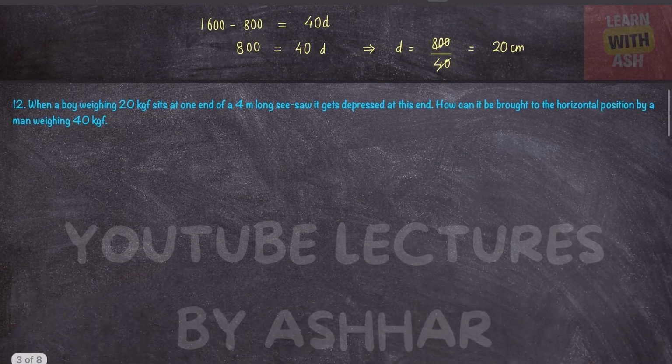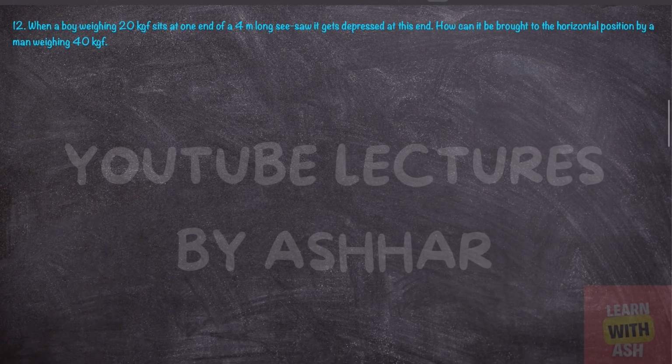Let's move on to question number 12 according to the book. In this question, it is said that when a boy weighing 20 kilogram force sits at one end of a 4-meter long seesaw, that means if I try to imagine this in a pictorial form, there is a seesaw and the total length of the seesaw is 4 meter.